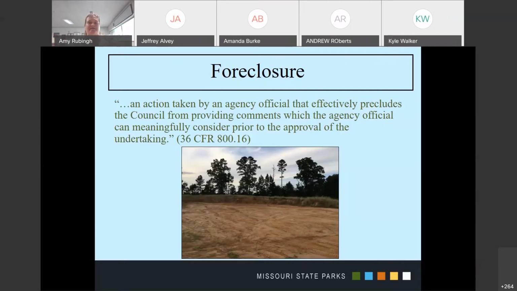But that does not mean that it's a big foreclosure on the federal agency. It just means that they didn't get the chance to actually do their necessary 106 for that project because the applicant went ahead and did it.